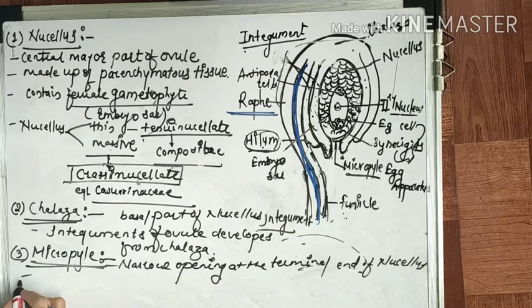Now the fourth part is called the integument. Where is the integument?